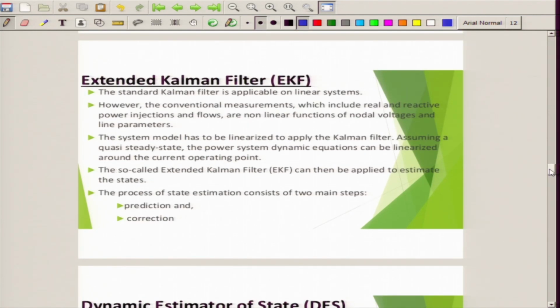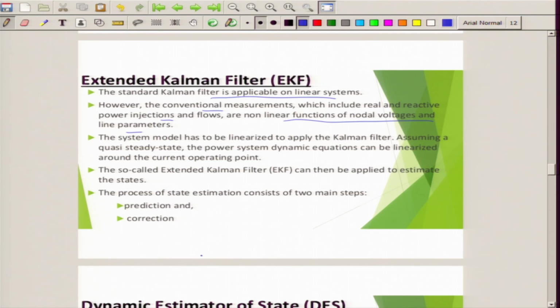Extended Kalman filters. The standard Kalman filter is applicable on linear systems. However, the conventional measurements, which include real and reactive power injections and flows, are non-linear functions of nodal voltages and line parameters.